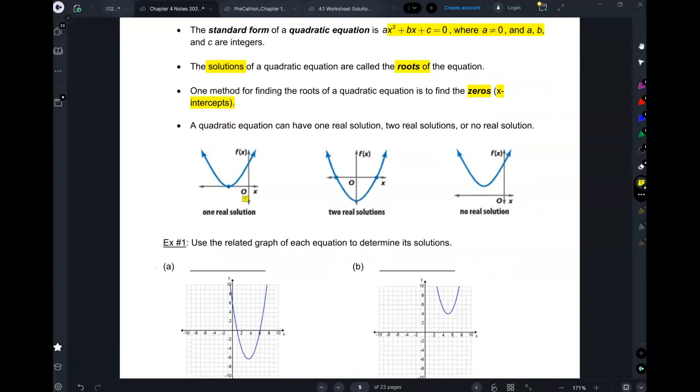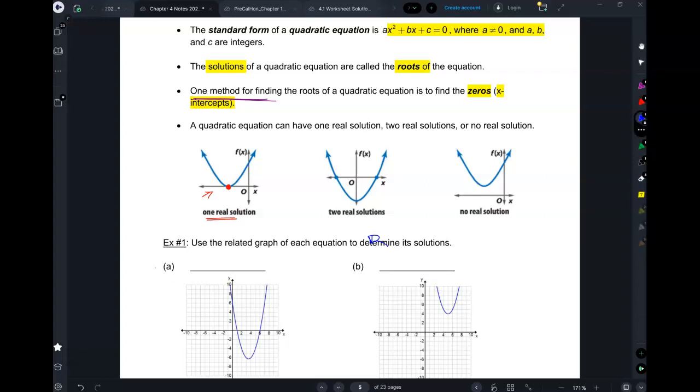So take a look. If you have a parabola, there can be 3 possibilities for how it looks. In the first case, the parabola only touches or crosses the x-axis at one point, so it has one real solution.